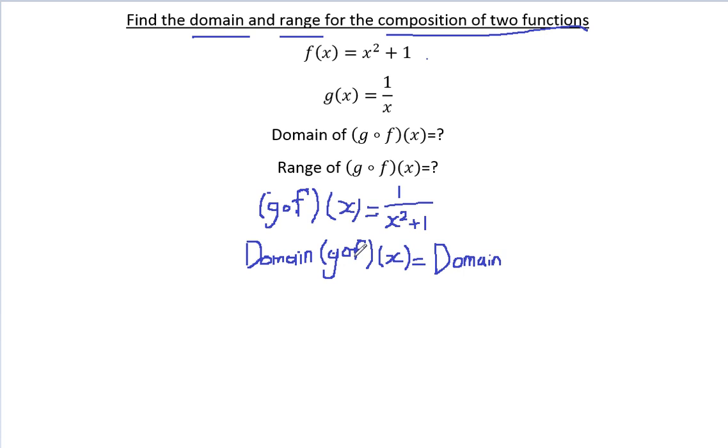So it will be the inner function here, the domain of f(x).